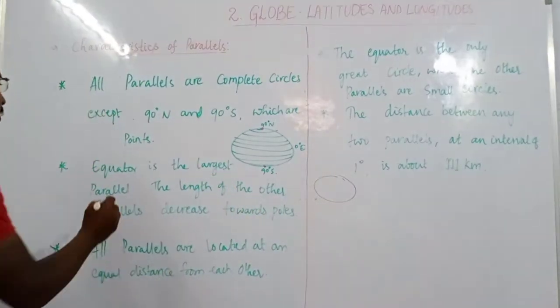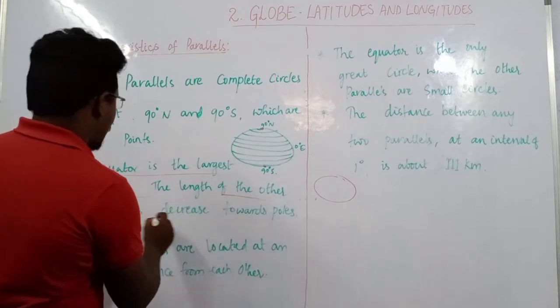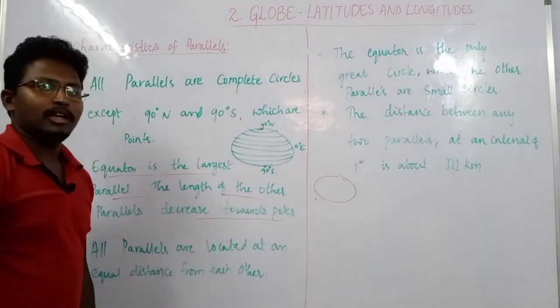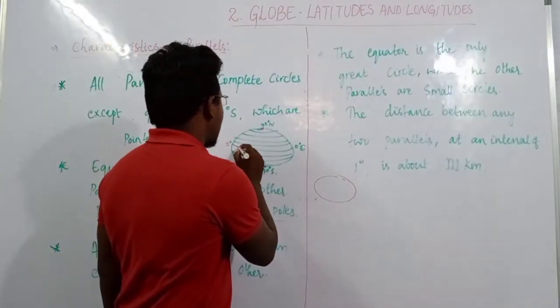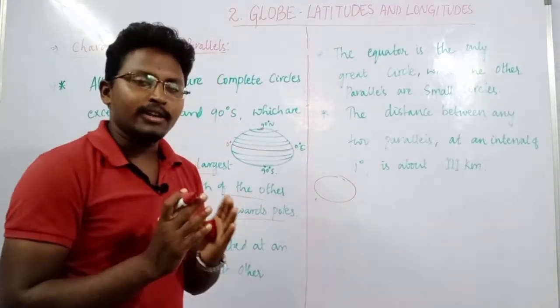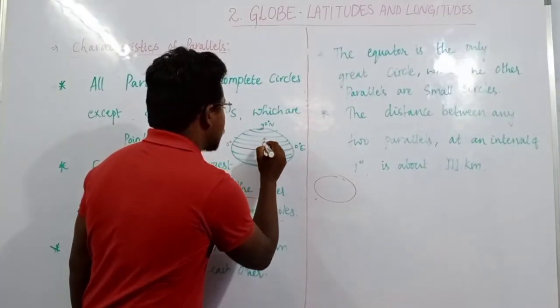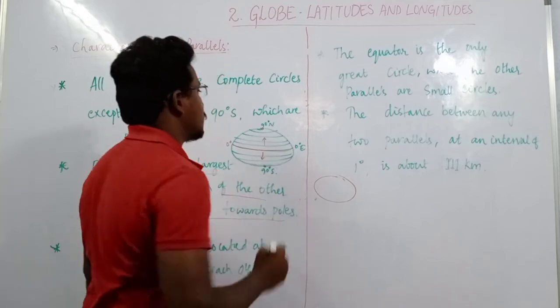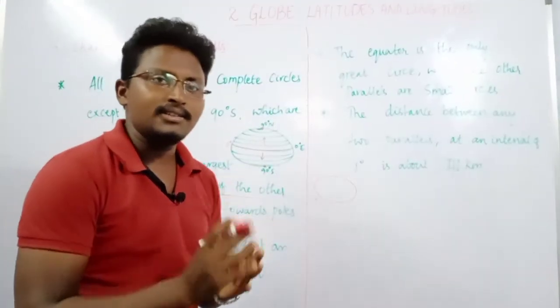Then the second one: the equator is the largest parallel and the length of the other parallels decreases towards the pole. That means the largest parallel is the 0 degree parallel, that is the equator, and all the remaining latitudes, as they move towards the poles, either in the northern hemisphere or in the southern hemisphere, their size gets decreased.